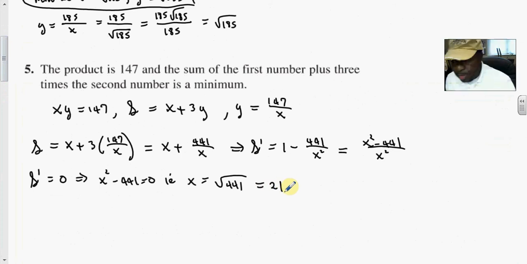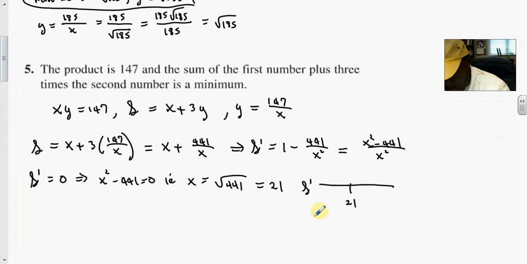So now we partition the number line based on this number, 21, and we're checking s prime. Take a number less than 21, plug it here, we get negative. Take a number bigger than 21, plug it there, and the bottom is always positive, so we get positive.